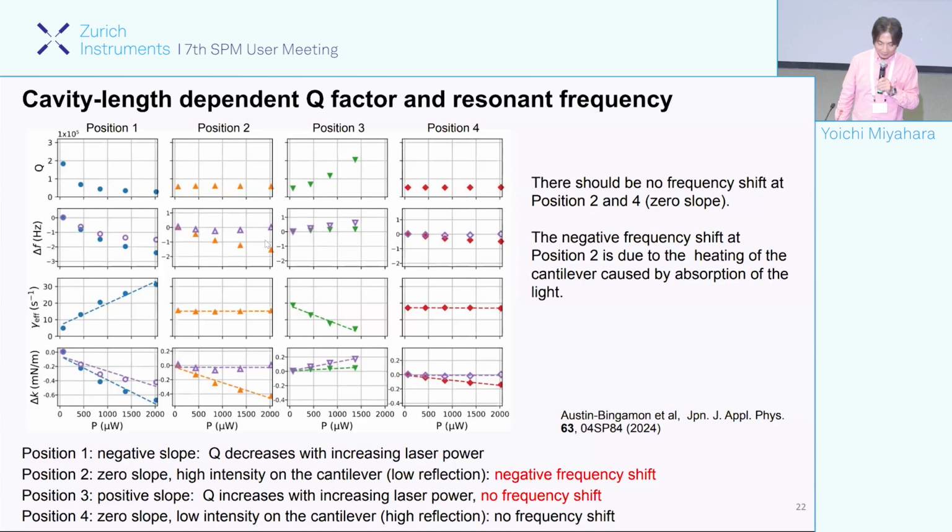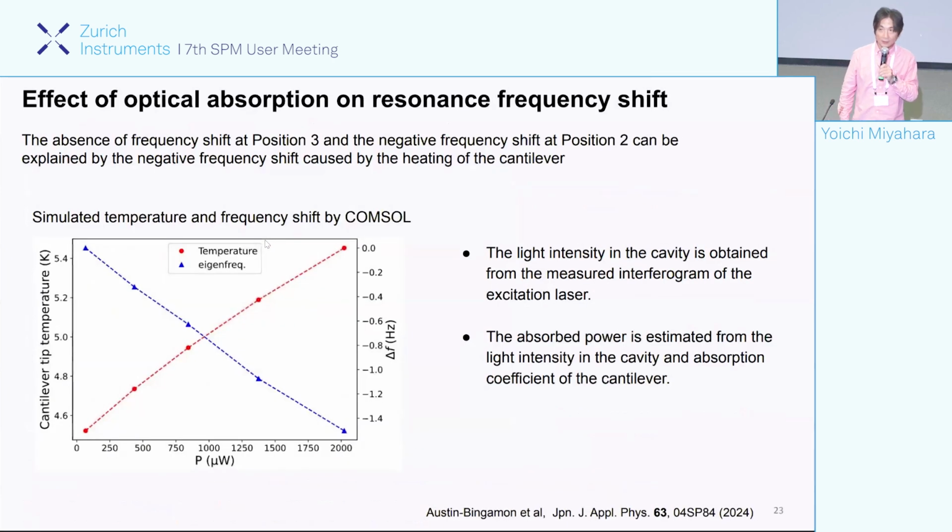So it turns out that this unexpected frequency shift is due to the absorption of the light by the cantilever. The cantilever actually gets heated slightly, and that shifts the resonance frequency downwards. So Noah did the COMSOL calculation, assuming a certain optical power absorbed at the tip of the cantilever, and we assume 4 Kelvin.